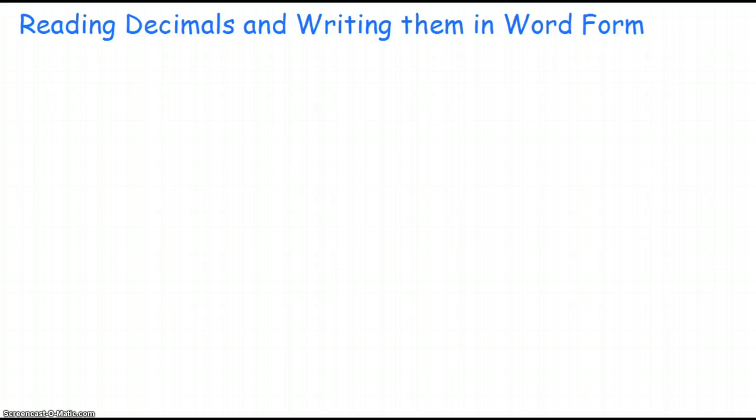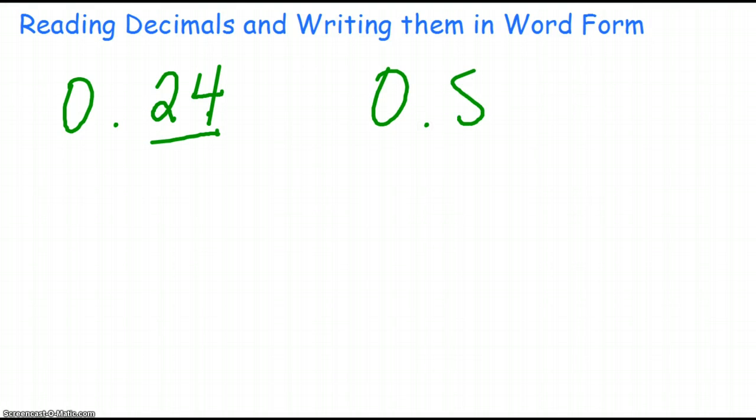So we're just going to try a couple, and then I'll send you on your way to do your math check-in. Take a moment, see if you can read this. You should have got 24 hundredths. Take a moment, try and read it. 8 tenths. Alright, now I'm going to give you one that has a whole that we'll have to read too.